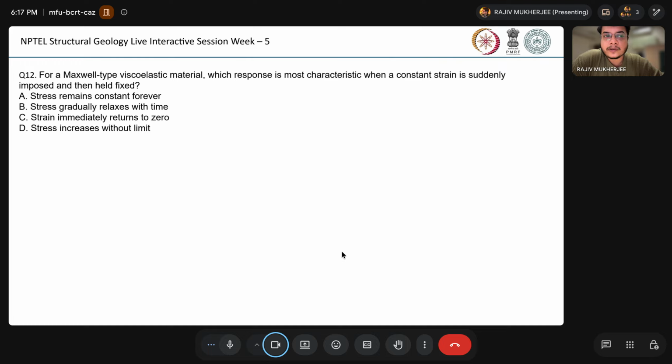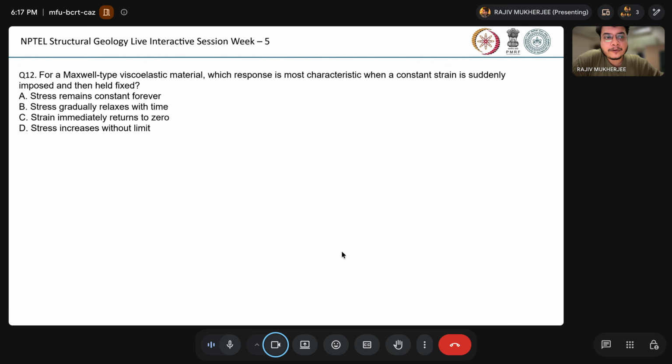Now we have already discussed Maxwell type viscoelastic rheology in an earlier problem today, so I hope from that discussion you can solve this conceptual question, and it is easy. We already discussed what happens when we put strain in a Maxwell rheology, right?